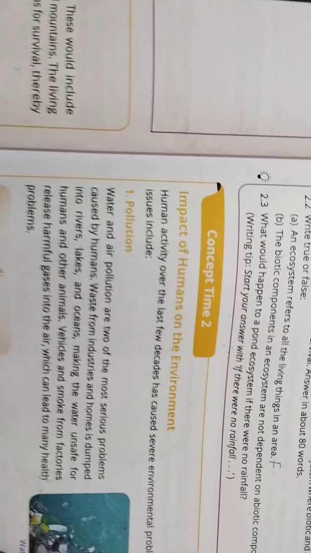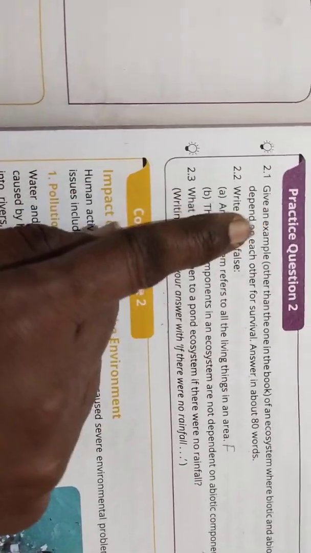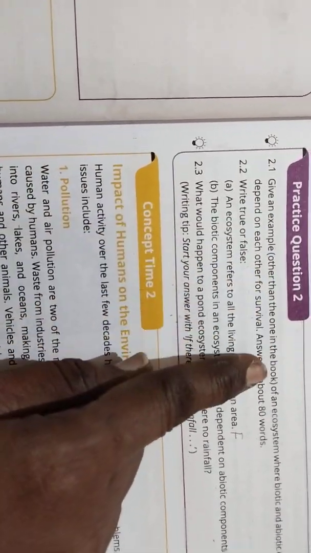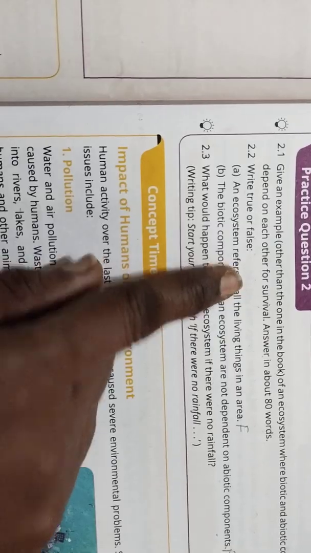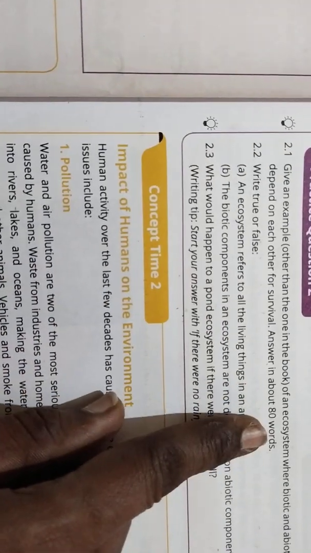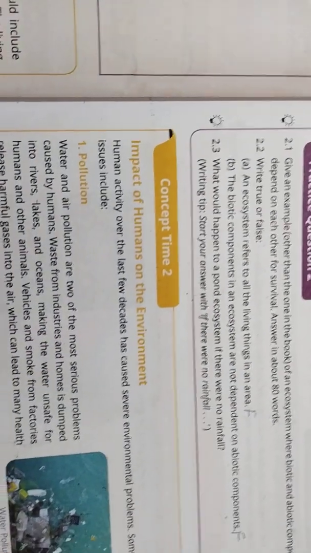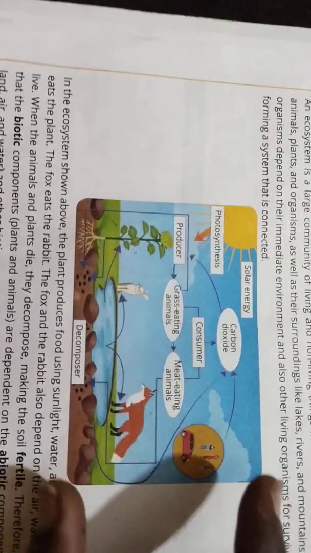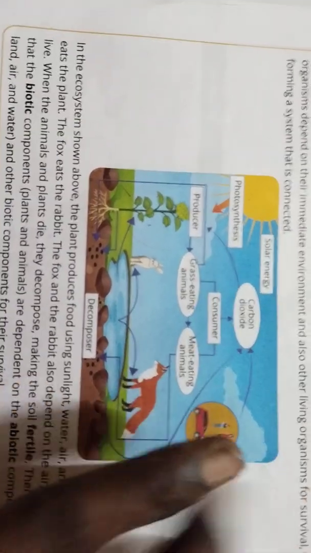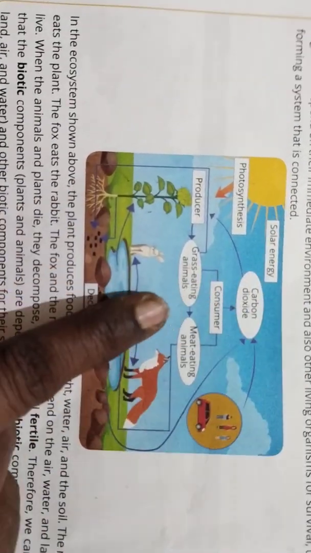So the next question is: give an example, other than the one in the book, of an ecosystem where biotic and abiotic components depend on each other for survival. Answer in about 80 words. Here you can see in the picture, as it was told, an example given for you.